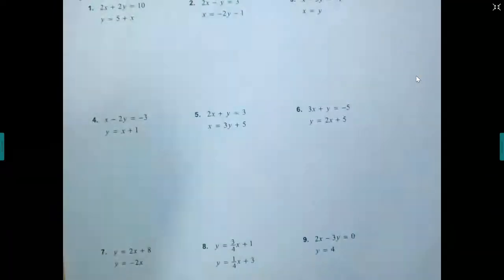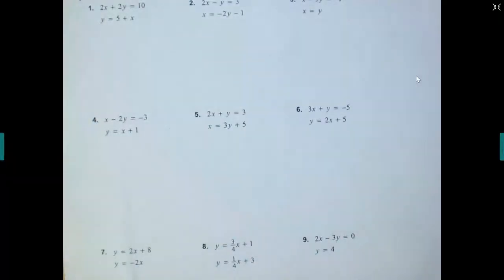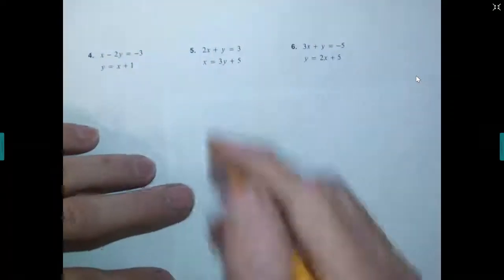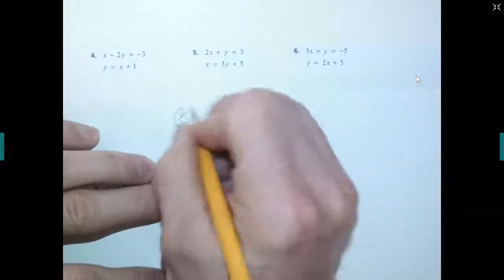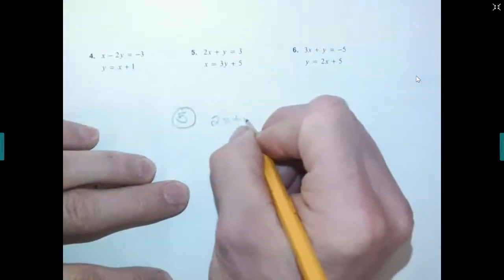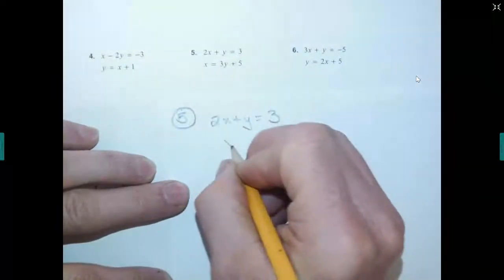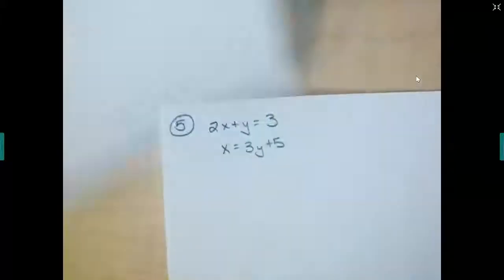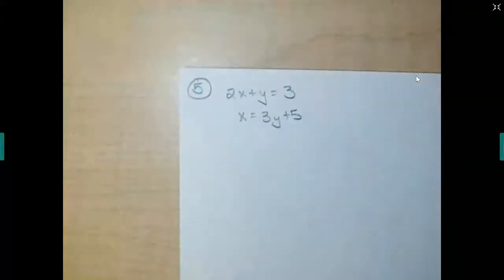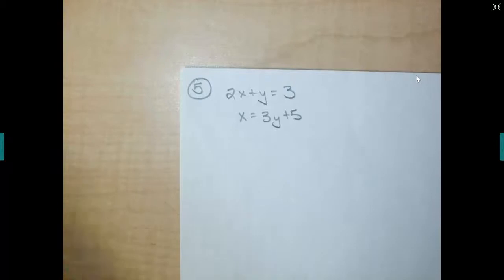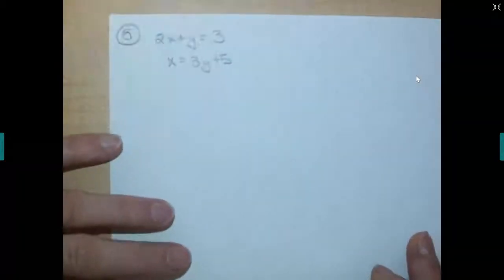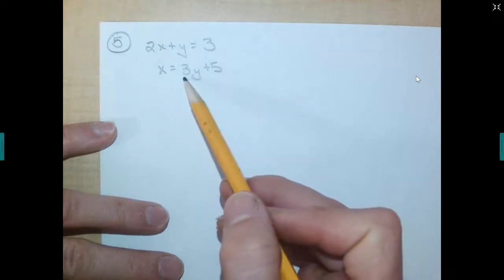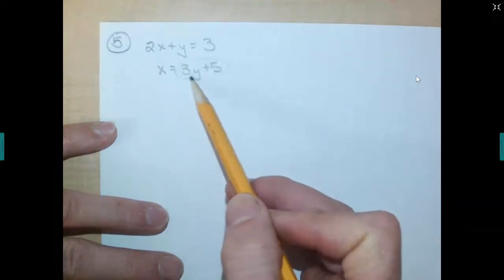Let's go down and do number 5. So we have 2x plus y equals 3, and x equals 3y plus 5. If you're able to, it's kind of fun to look at these as riddles. I enjoy them when I look at them as riddles. Look, they already solved x for us. x equals 3y plus 5.